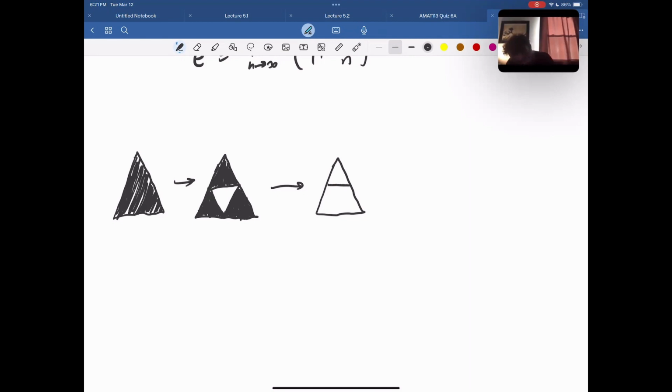And so we can keep doing this, right? Now that we've got this little Triforce shape, we can do it again. And we wind up with 9 of these little triangles stacked on top of each other.